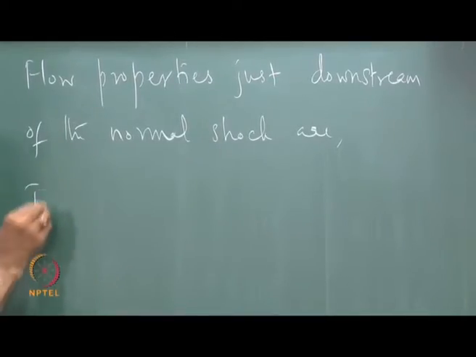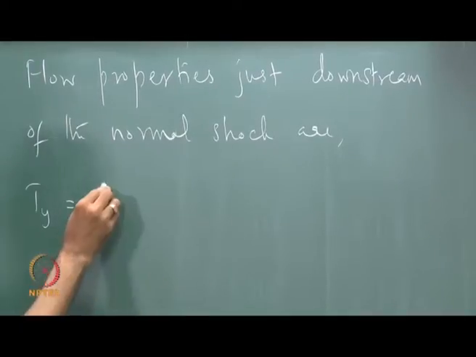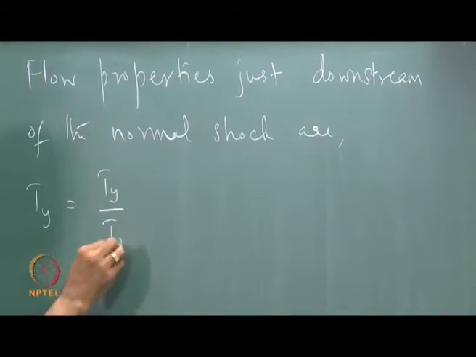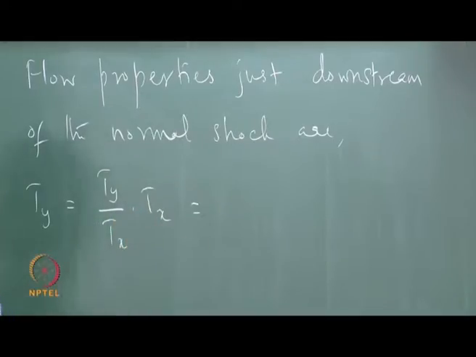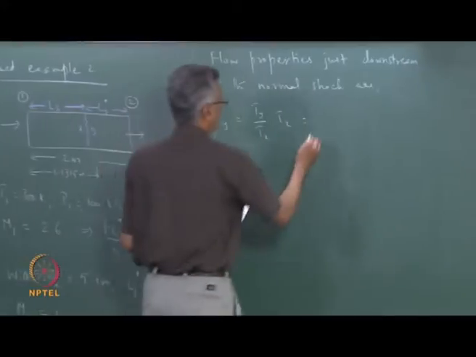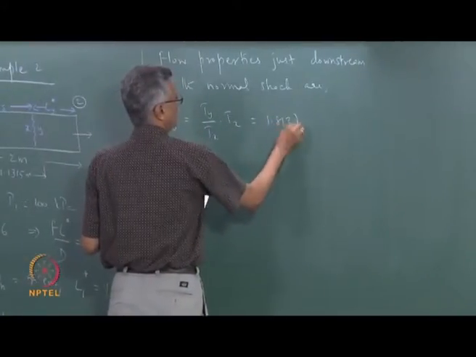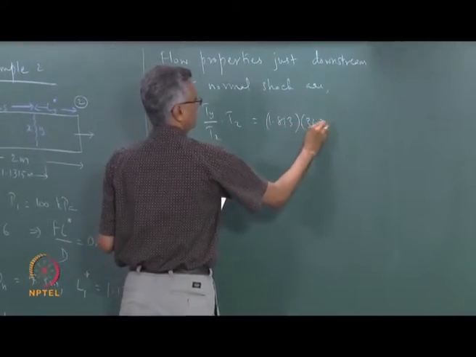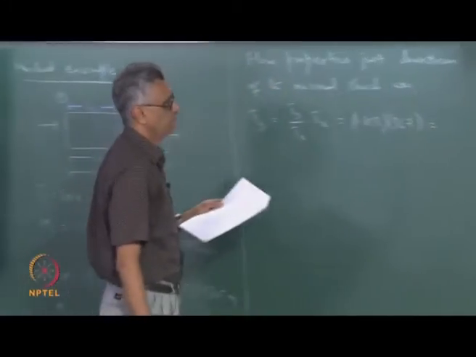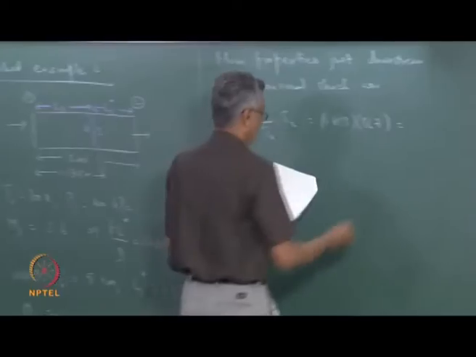Ty is equal to Ty over Tx times Tx, and from the normal shock table we get this to be 1.813 times 367, which is 665 Kelvin.